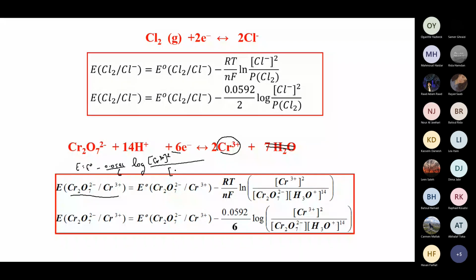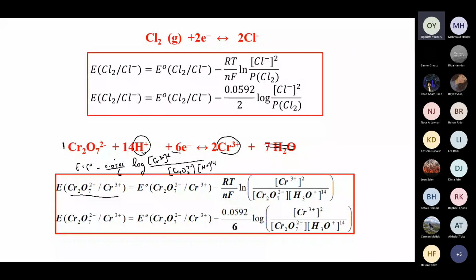Cr2O7 2-. Does it have a ratio here? No, it's 1. What else? Multiplied by H3O+ to the power 14. I must include the acid present.